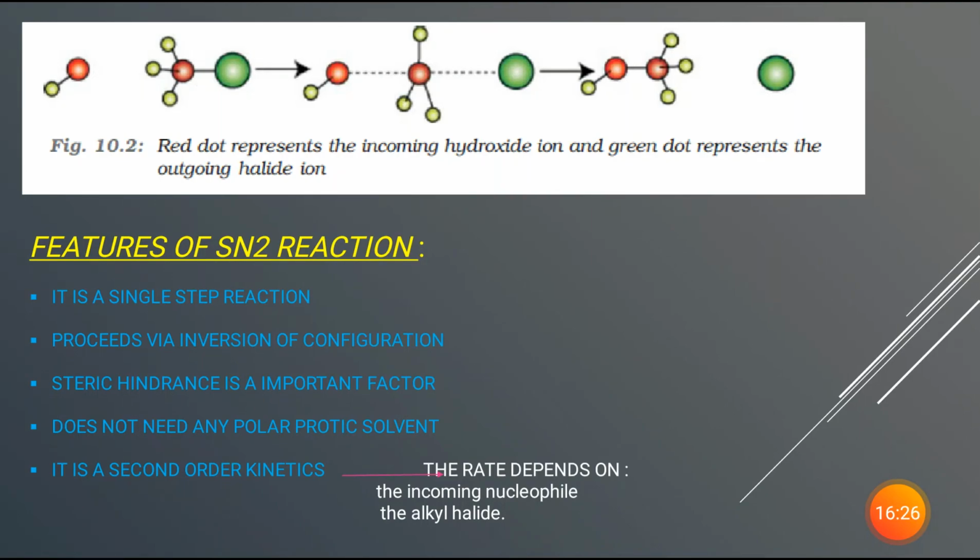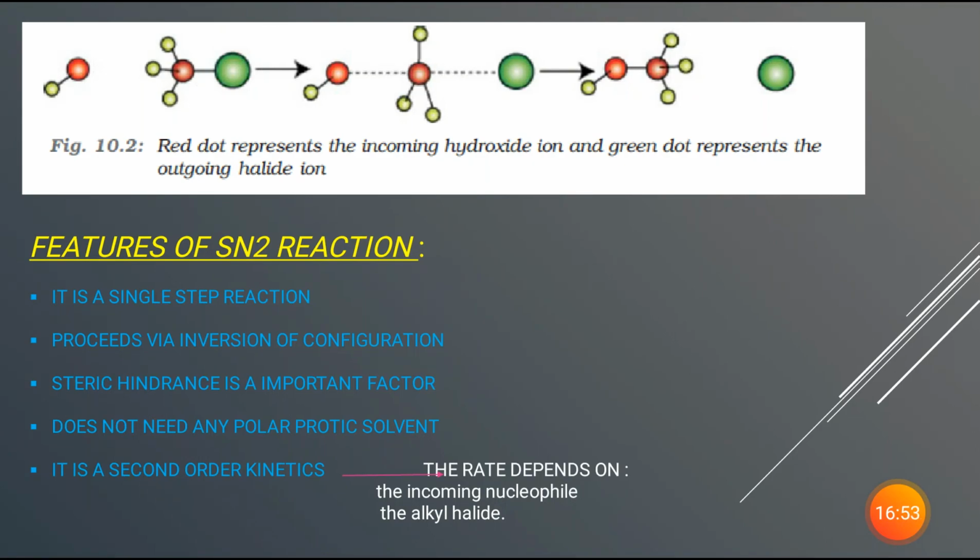So in exams, normally they ask you the difference between SN1 and SN2. SN1 reaction is a two-step reaction. First step, there is formation of carbocation. Second step, the attack of the nucleophile. SN2 is a single step reaction. SN1 proceeds via racemization, whereas SN2 proceeds via inversion of configuration.